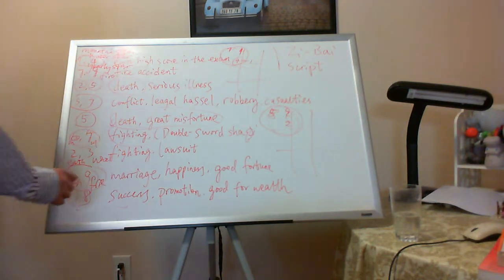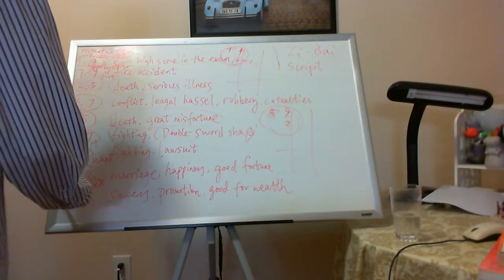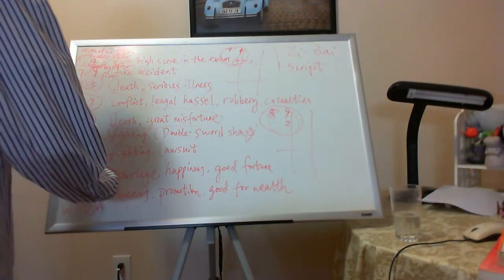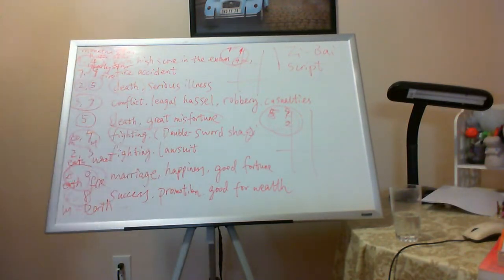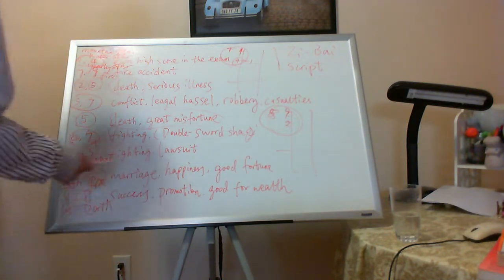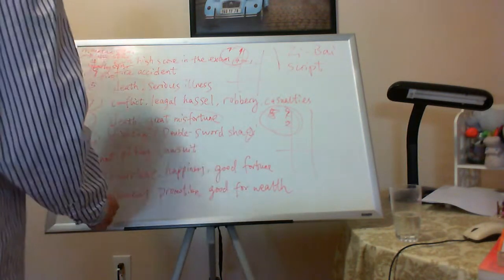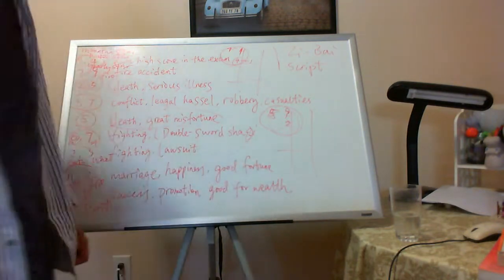The element of 6 is metal, and the element of 8 is earth. Earth will generate metal. Their relationship is harmonic, so the result would be auspicious, which is good for wealth, and there's success and promotion.